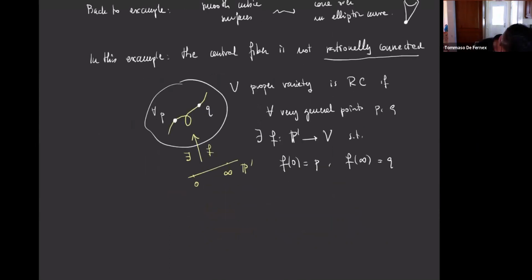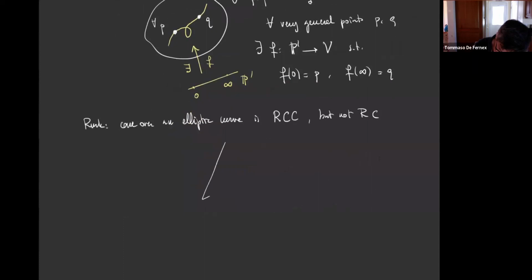Maybe as a remark, the cone over an elliptic curve is rationally chain connected, but not rationally connected. So what does rationally chain connected mean? If I have a cone over anything, in fact, and I pick two random points P and Q, as long as the two points are not over the same line through the vertex, they might not be rationally connected.